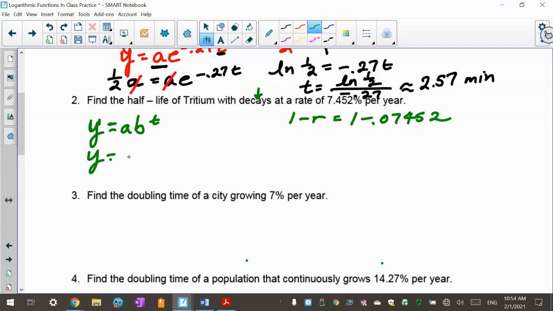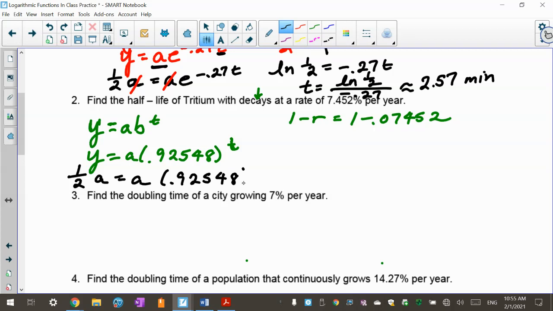Y equals A times 0.92548 to the t. Now, I do know that I can now do the half-life of this. So I can say, I want to know a half of A equals A times 0.92548 to the t. And when I divide the A's out, they're gone.